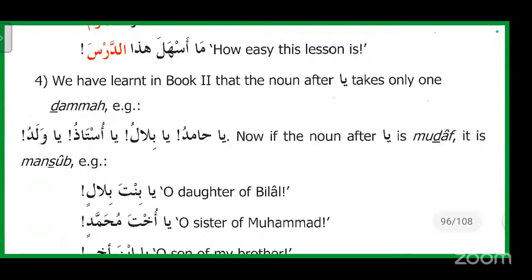Number 4. We have learned in the book too that the noun after ya takes only one dhamma. Ya waladu, ya ustazu, ya hamidu, ya bilalu. Now, if the noun after ya is mudaf, it is mansoob.